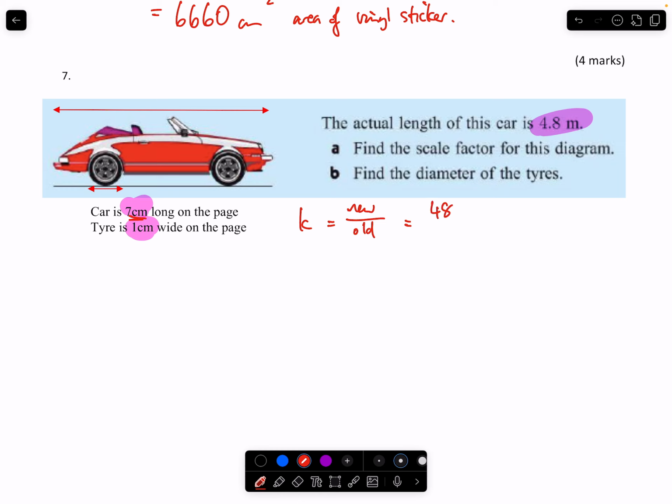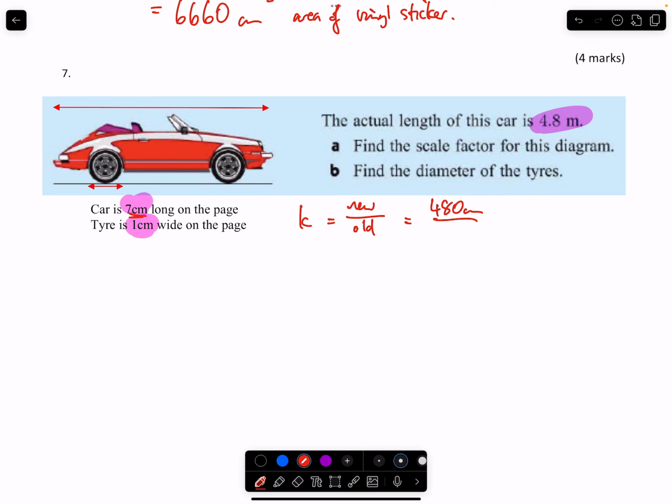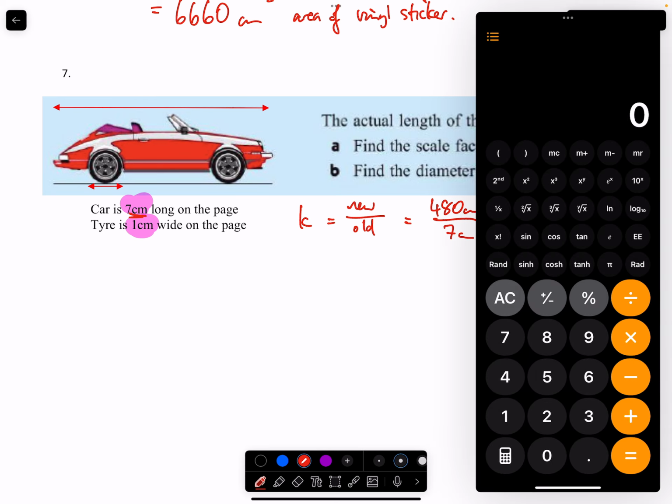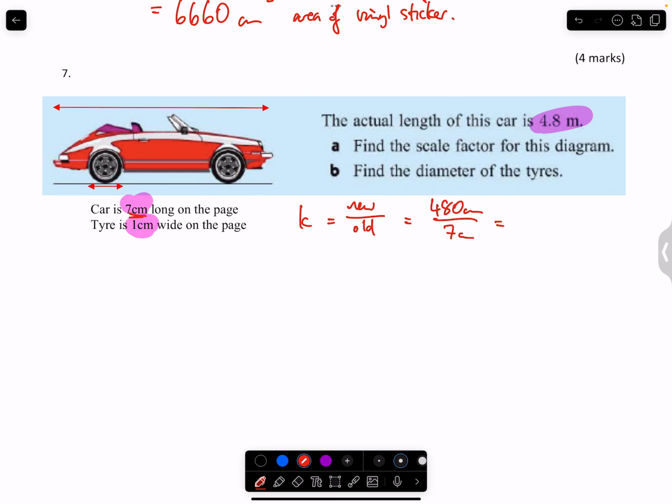It's going to be 480 centimeters over the drawn length, which is 7 centimeters. So your scale factor, 480 divided by 7, 68.57, rounded to 2 decimal points. Scale factor.